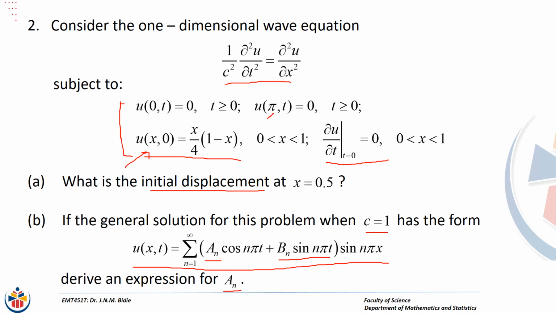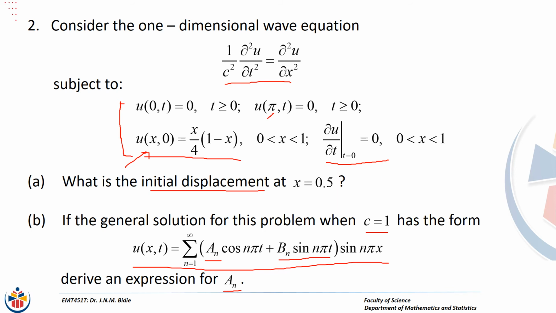It means we will be able to find bn when we use the second initial condition that has got a derivative. So it is very important to check which constant you are asked to solve for.